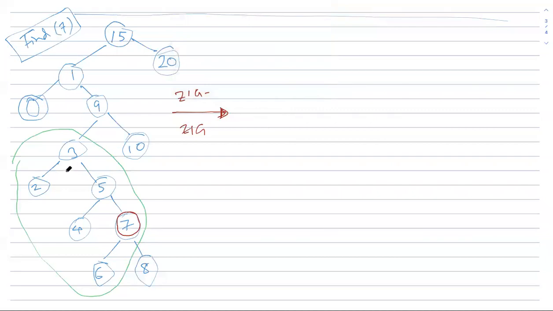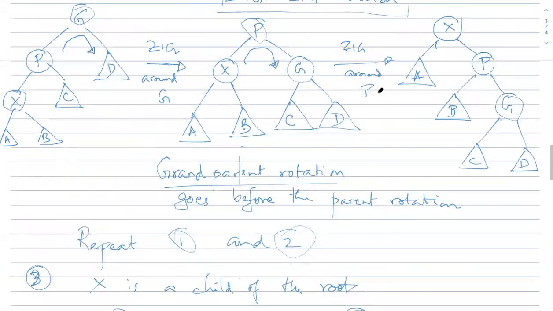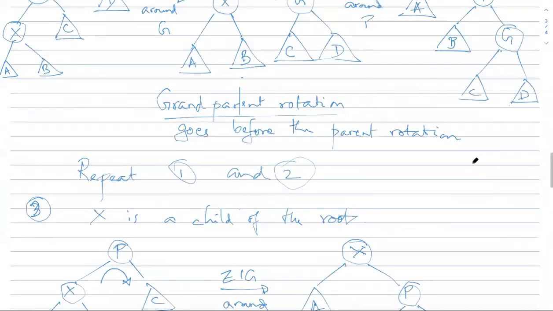So remember the zig-zig rotation, first rotation would be around the grandparent first. So we're going to give left rotation around the grandparent, which is 3. And then we will give the left rotation around the parent. So we saw we should be getting this in the reversed order, right? So it was 3, 5, 7 on this direction. You can see it changes the order and it changes the direction.